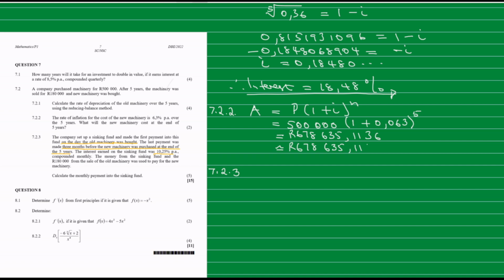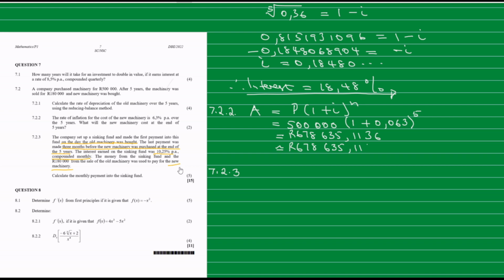I've highlighted some important points here. Here we are compounding it monthly, so interest is calculated monthly. The money from the sinking fund and the 180,000 from the sale of the old machinery was used to purchase the new machinery.